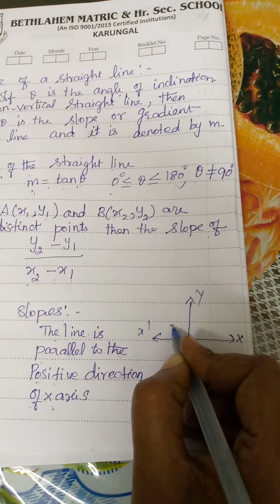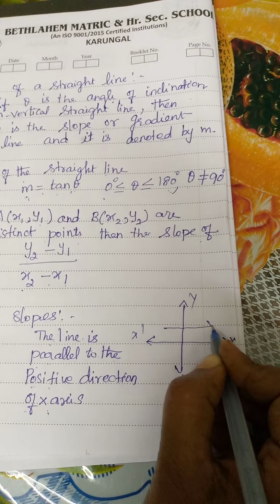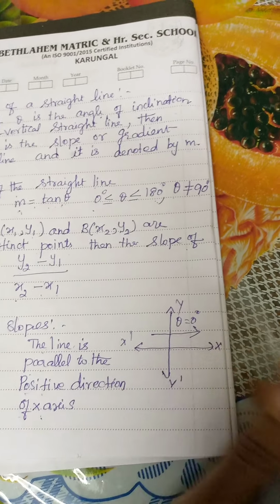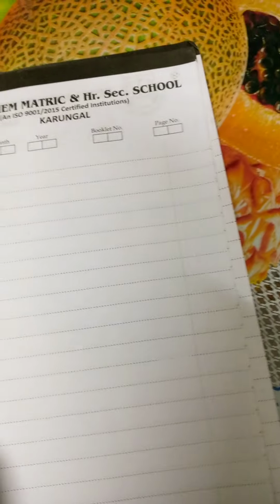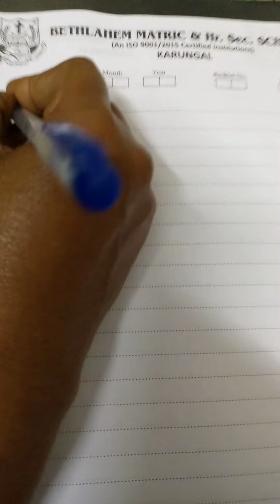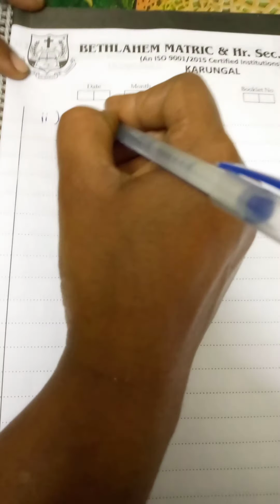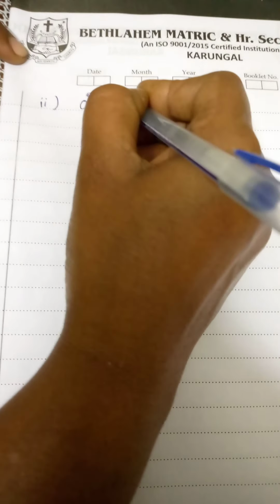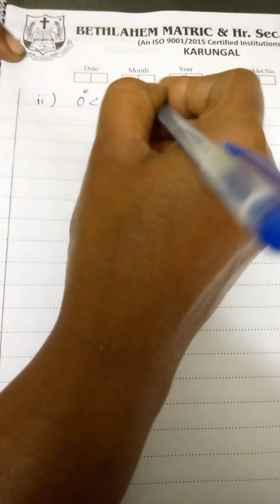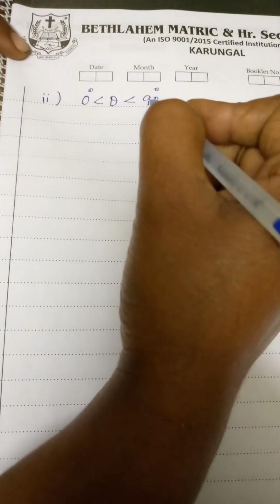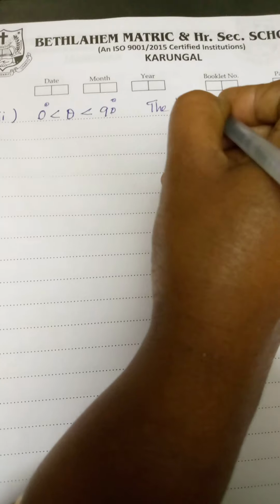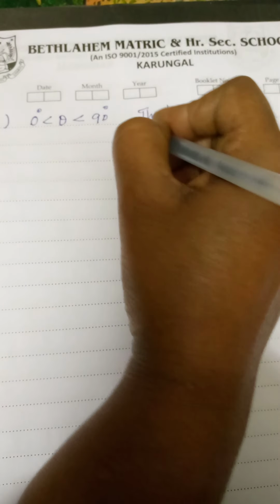Second one is theta lies between 0 degree and 90 degree, above 0, below 90 degree. The line has positive slope.